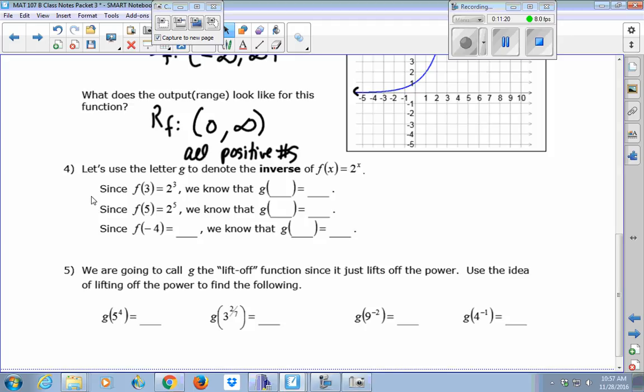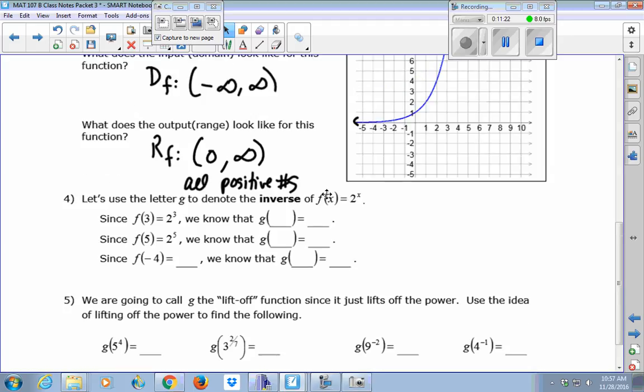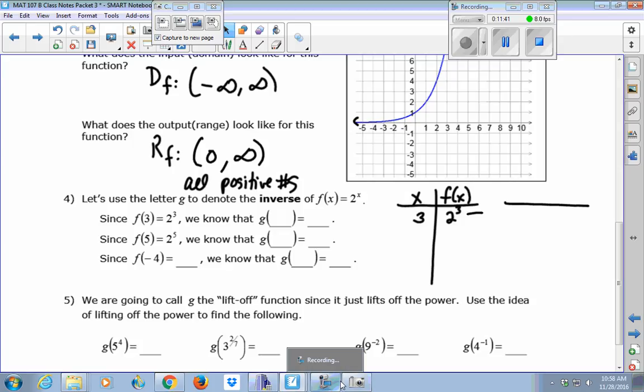And we know f of 3, if I make myself a little table, here's x and here's f of x. If I put a 3 in for x, then my output is 2 to the 3rd. So what do I know about the inverse? Well, here's my inverse over here. My inverse says you take the output from your first function, you put it into your inverse function, and what comes back?